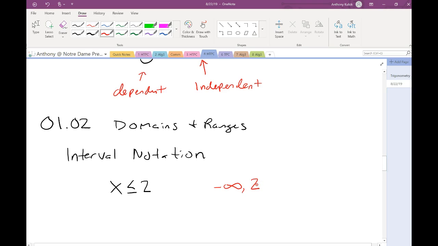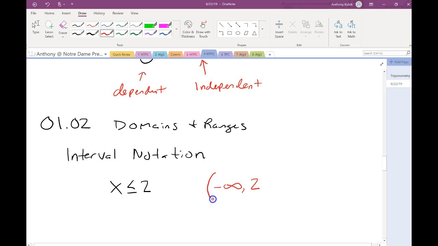Now to finish my interval notation, I need to indicate whether or not those lower and upper bounds are included in the set. So let's first consider the negative infinity. Is negative infinity a value that x can have? No. Good.